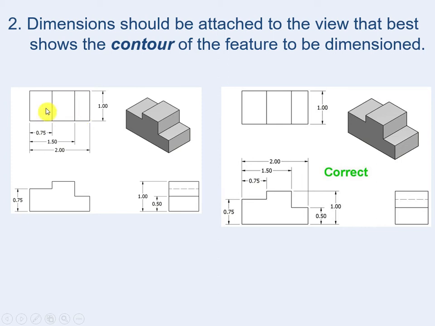The level of this surface and this one can be seen clearly from the front view. So these dimensions 2, 1.5 and 0.75 should be given on the front view, not on the top view. So this is not correct or not recommended. This is correct or recommended.